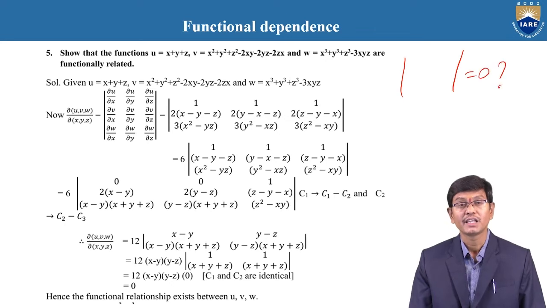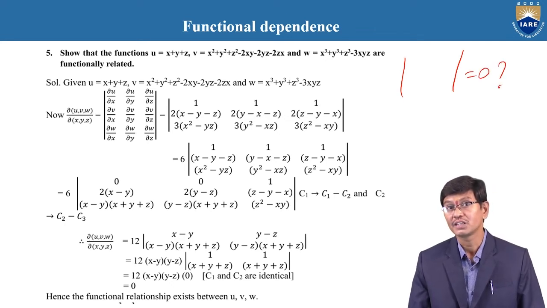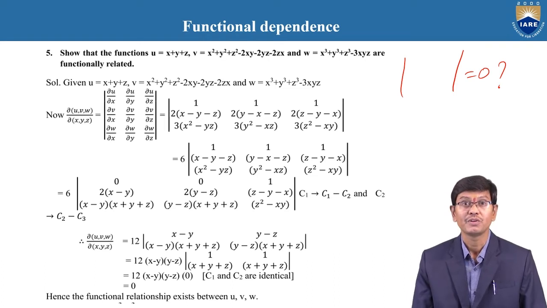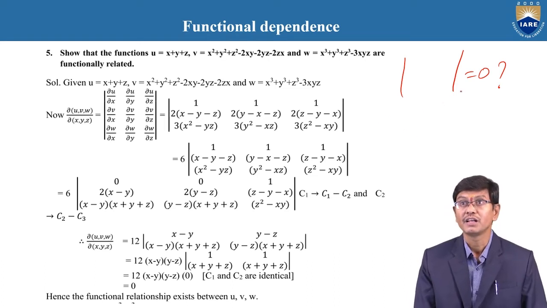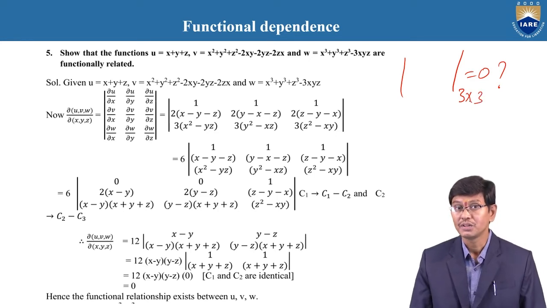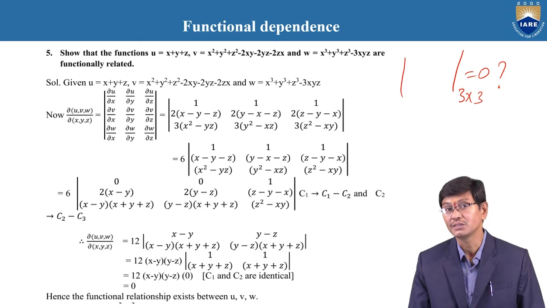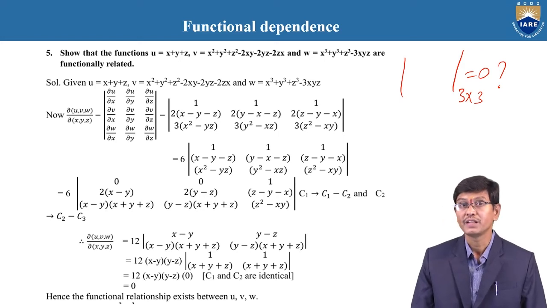The given functions are three dependent with respect to three independent variables. Therefore, we need to check whether the 3 by 3 determinant is equal to 0 or not. If it is 0, the functions are functionally dependent. If it is not equal to 0, they are functionally independent. Only if the determinant is equal to 0 do we obtain a relation. If they are independent, that means it is not equal to 0, the relation does not exist.